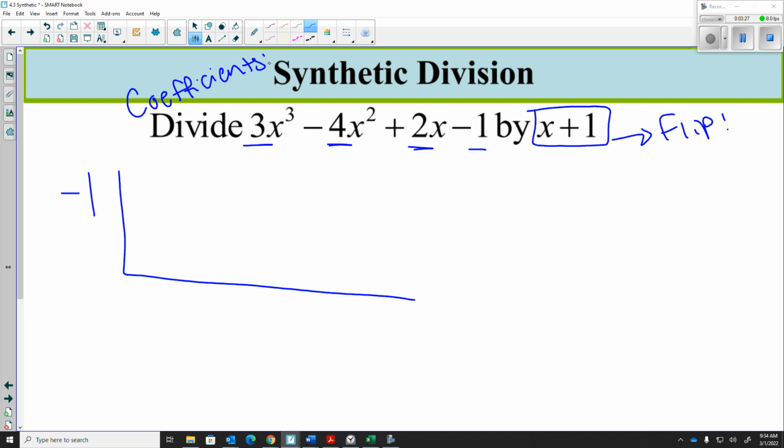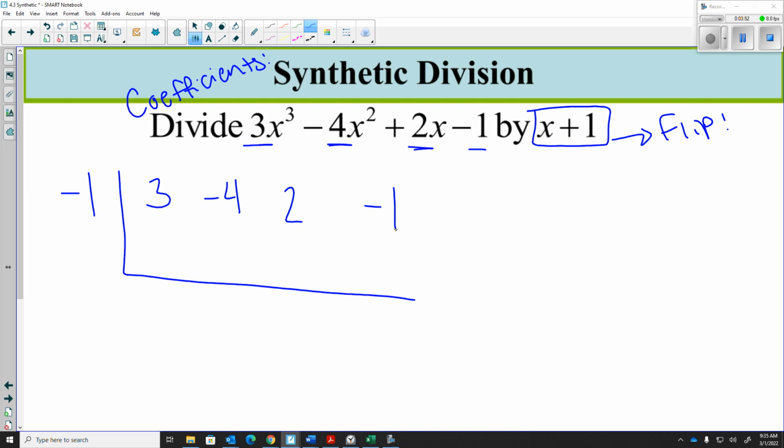So I've got 3, -4, 2, and -1. You okay with where I'm getting all those numbers? Okay, this is the entirety of the setup.